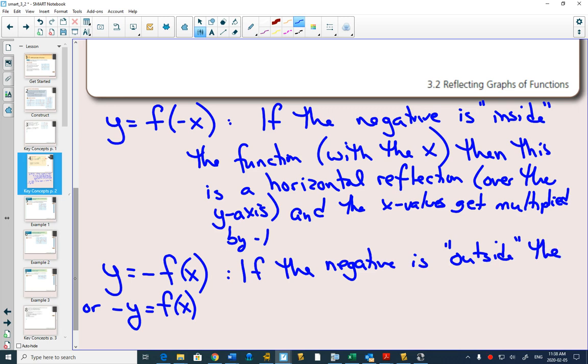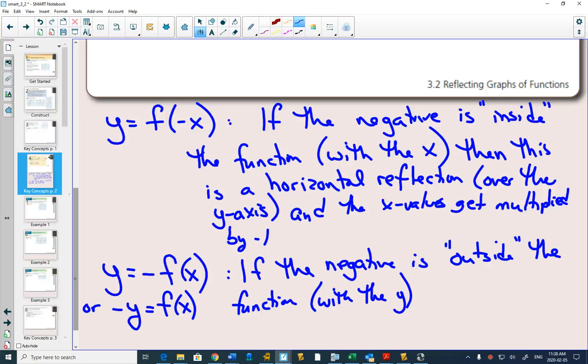But we're going to write, if the negative is outside the function. Does that make sense, that negative being outside of the function? It's not inside the function. And we can technically say here with the y, because you could move it over to the other side so it could be with the y. But I like to have the y equals by itself, so I think it's best just to think of outside of the function.